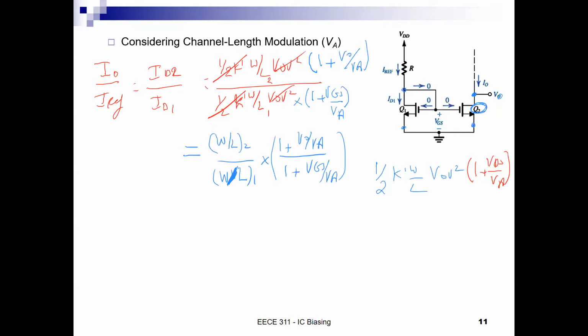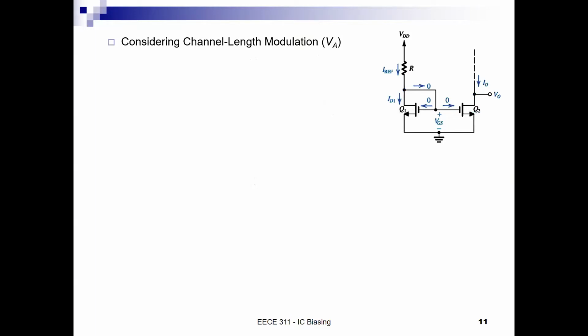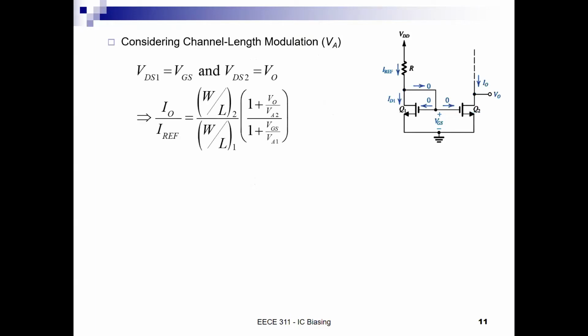If VO is equal to VGS. At the condition when VO equals VGS, otherwise there will be some slight error there, right? That's what we all will know. So therefore, the new equation that we see here now tells me this is the IO over I reference in the presence of channel length modulation.